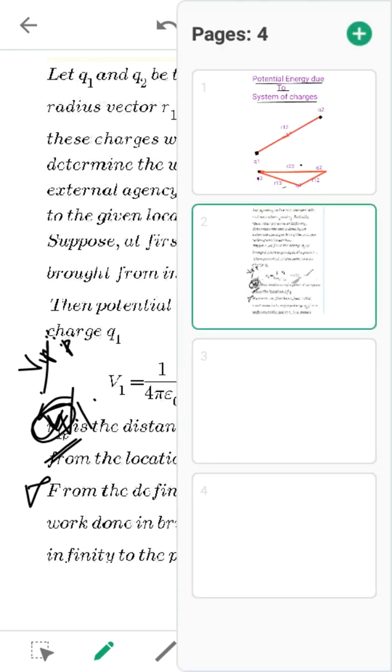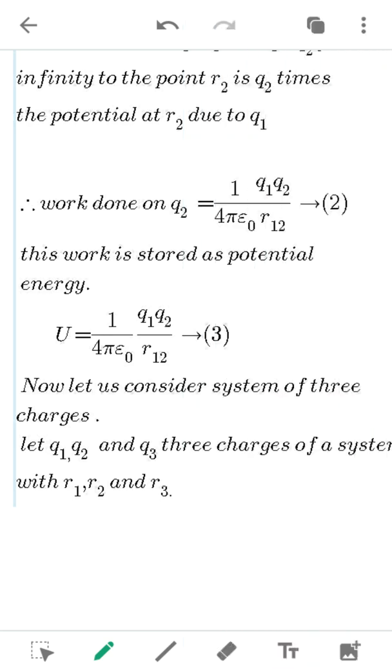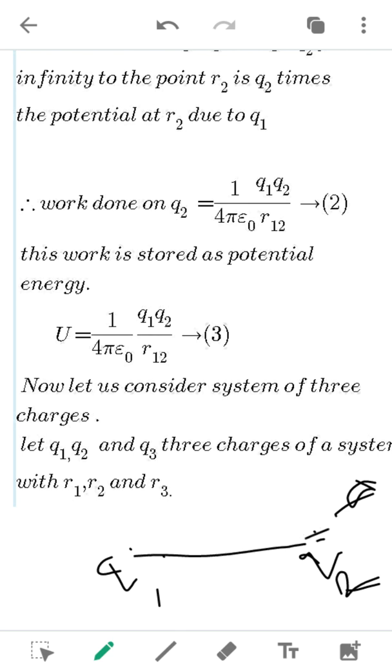Now let us bring another charge. Suppose there is already a charge q1, and another charge q2 is brought from infinity, then between these two charges the distance will be r12.